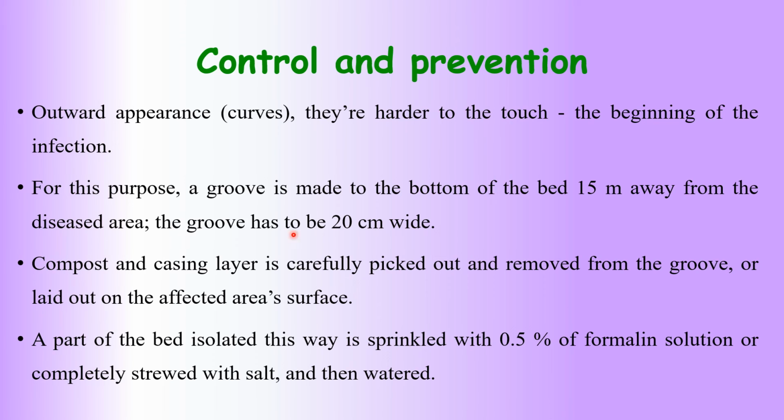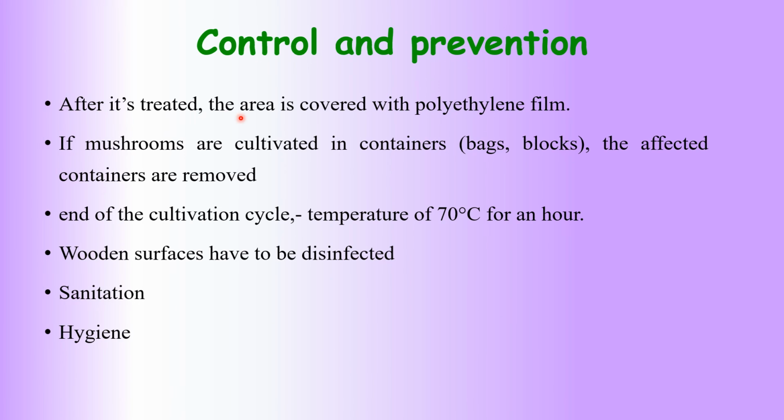The groove is 20 centimeters wide, and we remove all the compost and casing layer from that groove and sprinkle 0.5% formalin solution or Strozen salt and then water. After that, the area is fully covered with polythene film and left for some time.